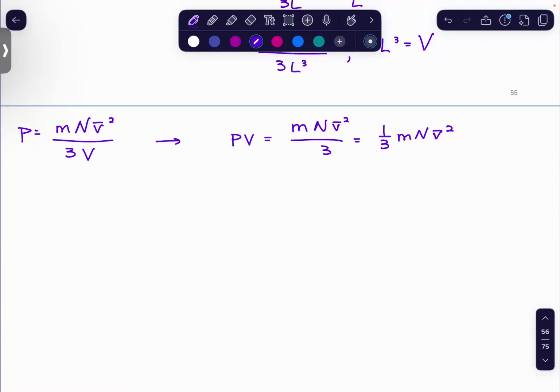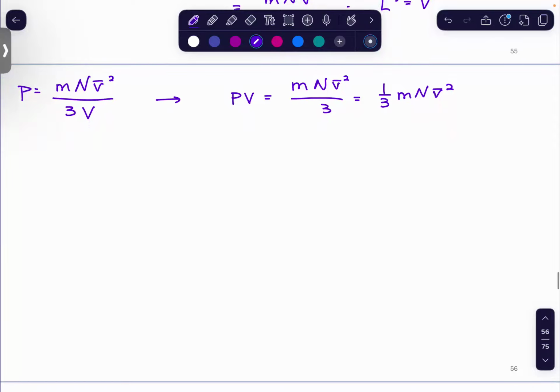Okay, so the first thing I want to take note of is I want to look at an expression for kinetic energy. Kinetic energy is the energy of a moving object.